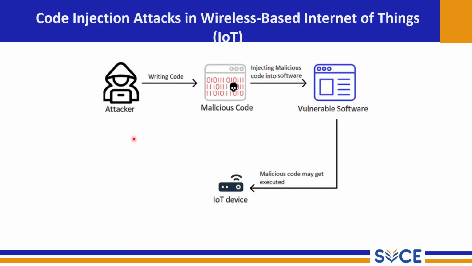So this is one small example, like a code injection attack in wireless-based IoT, that is Internet of Things. So here there will be some attacker who writes the code in the malicious program, I mean the program where you can inject some code, and by injecting the malicious code into the software, it creates a vulnerable software, and thereby the malicious code may be executed, right?